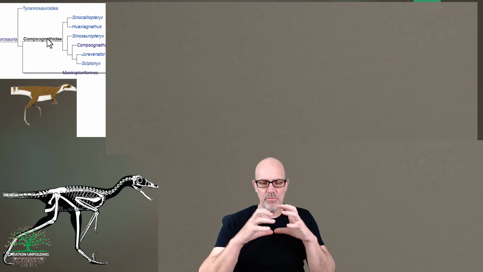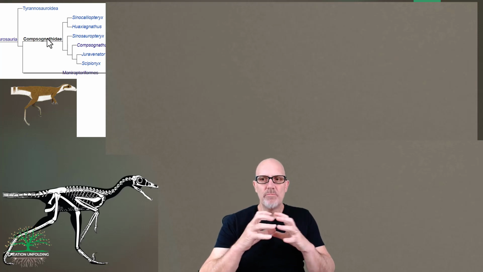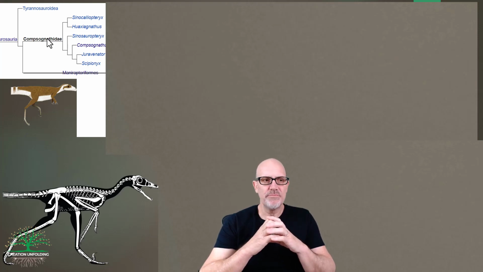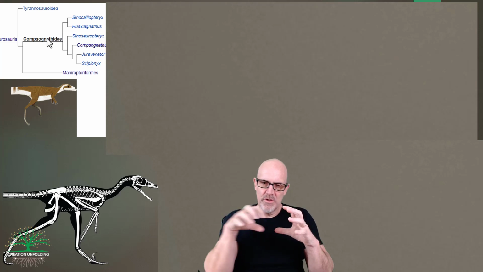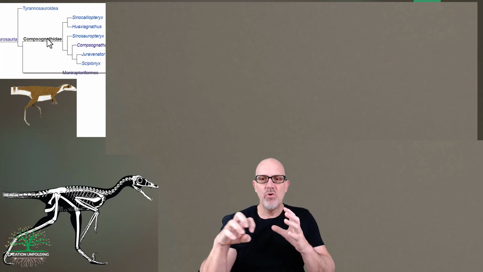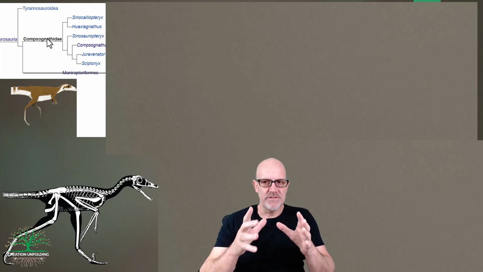So think about a group of these little dinosaurs that had really no specific features in common with birds except perhaps for hollow bones. From this group of Compsognathids, a small group migrated away and began to evolve, and that small group evolved feathers.